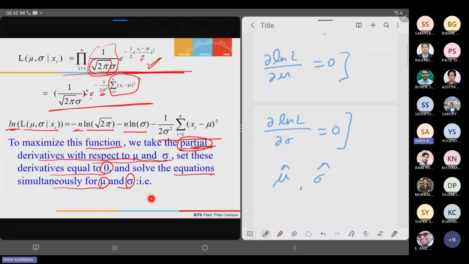We simplify the likelihood function, and it comes to this. Now we take the logarithm of the likelihood function because the logarithm makes the calculation easy. After simplification we get this one. So it is a very simple formulation. Basically, when we use the logarithm, we are applying the properties of the logarithm.